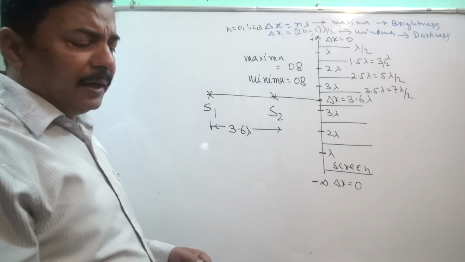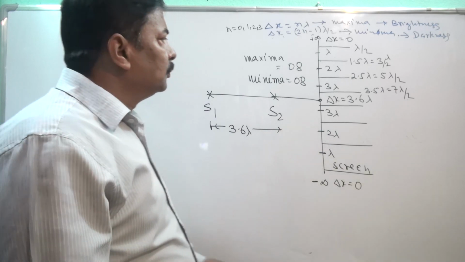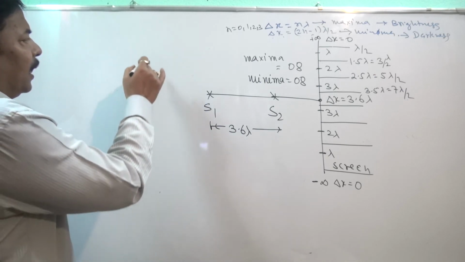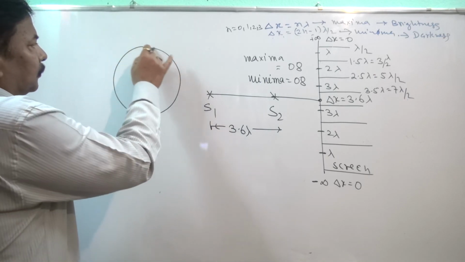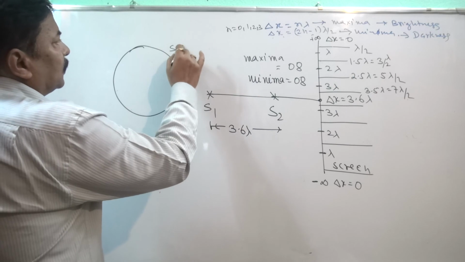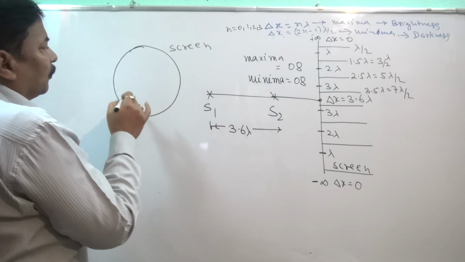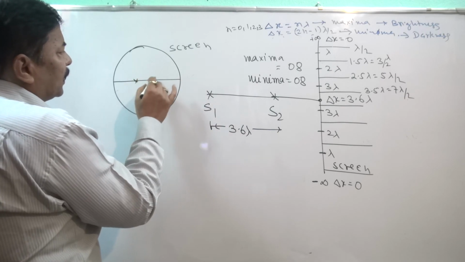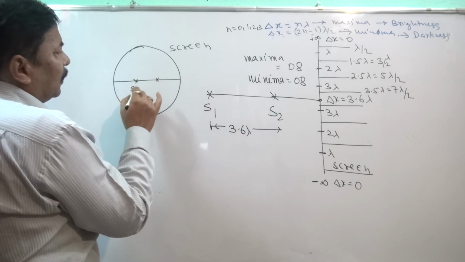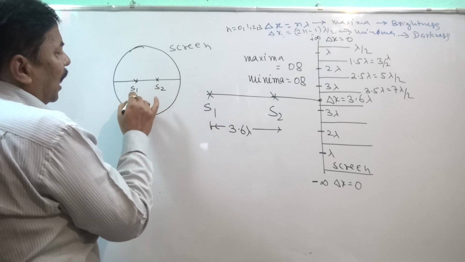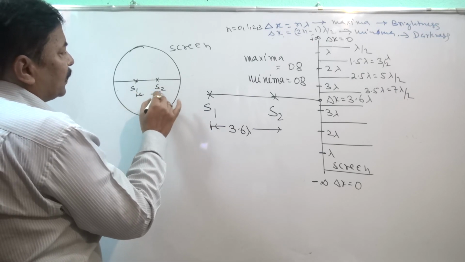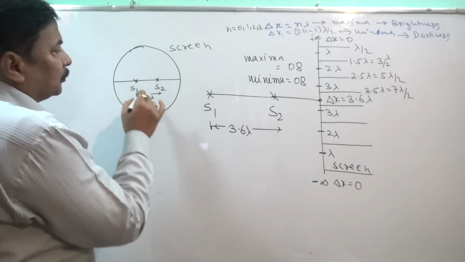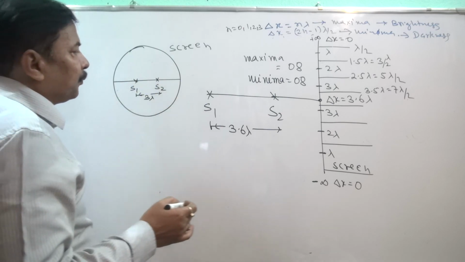In the same profile, I would like to do the last question, and in this case I am taking a circular screen. Here the two sources are there, S1 and S2, and the separation between the two sources is 3 lambda, symmetrically placed.